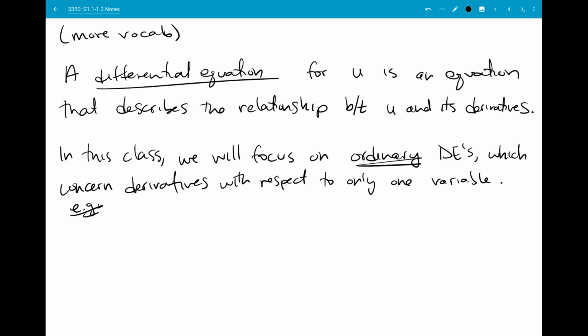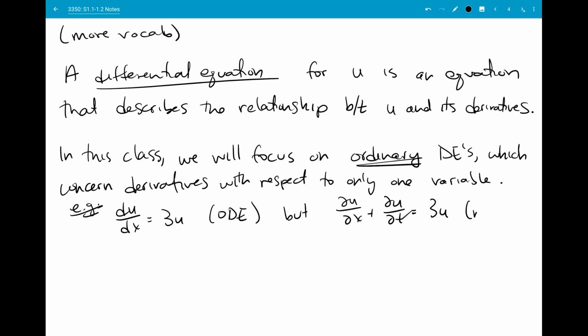So just to show you what I mean, du dx equal to 3u is an ODE, ordinary differential equation. But if I had du dx plus du dt equal to 3u, that is not an ODE. We would actually call that a partial differential equation because it has partial derivatives in it.